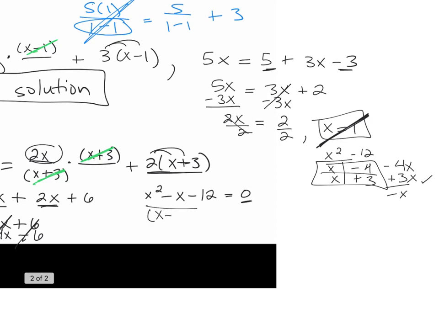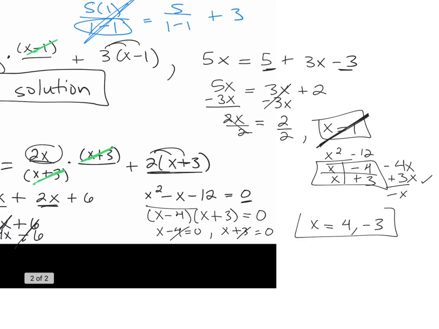We'll have an x minus 4 and an x plus 3 as our factors here. Then if we set each of those factors equal to 0 by the zero product property and opposite those terms, we'll end up with a positive 4 and a negative 3 for our solutions.